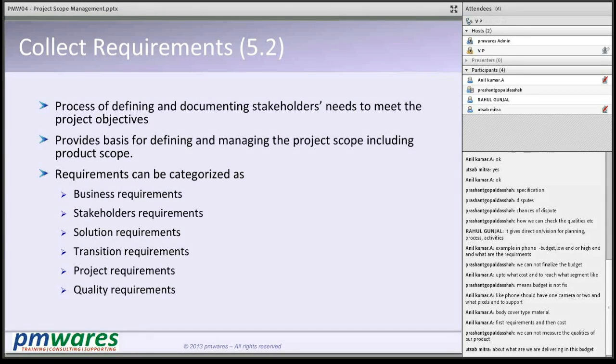What you're going to do is collect the requirements, and if you find something more than the scope defined, then you redefine the scope.